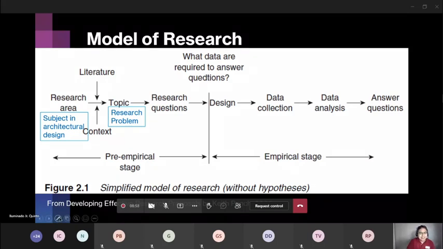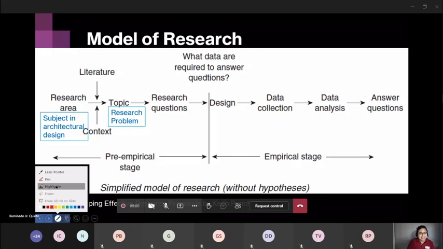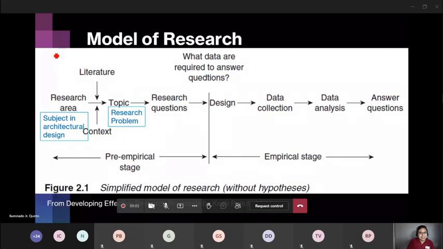Our work here in research methods AR416 is going to span from here to research design, up to there.